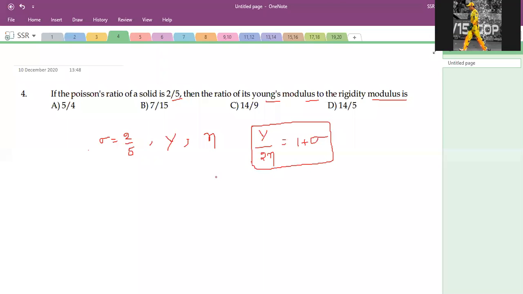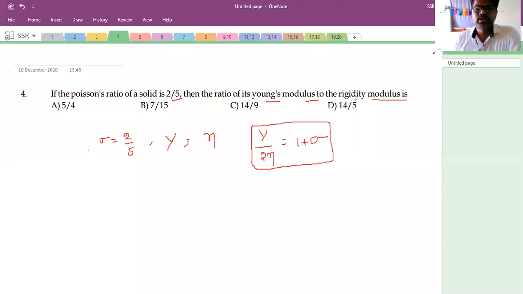Yes, sir. Then what are they asking? Ratio of Young's modulus to rigidity modulus. That is y by eta. From this, y by eta is equal to 2 into 1 plus sigma. Sigma value given is 2 by 5. So 2 into 1 plus 2 by 5.